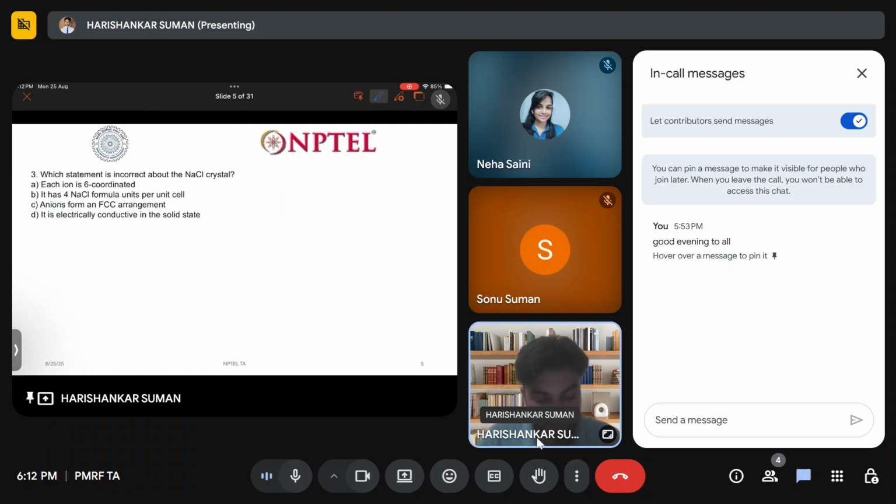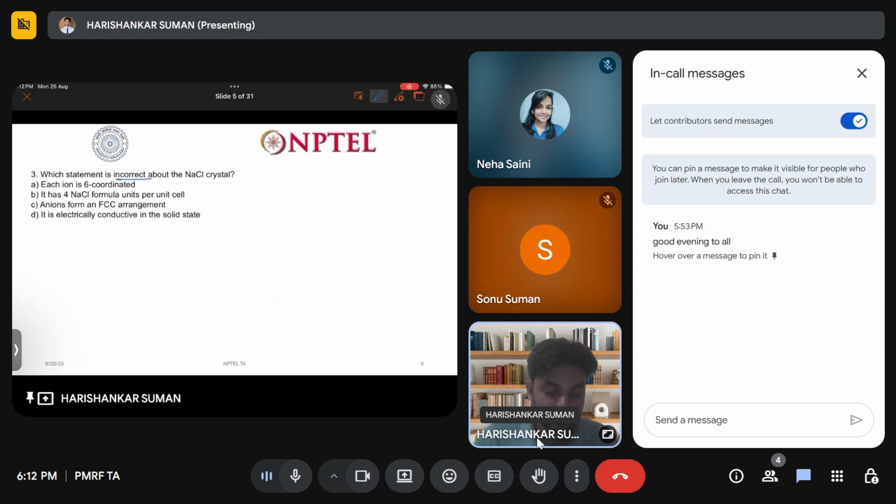Let's read the next question. Which statement is incorrect about the NaCl structure? Each ion is 6 coordinated. It has 4 NaCl formula units per unit cell. It can form an FCC arrangement.